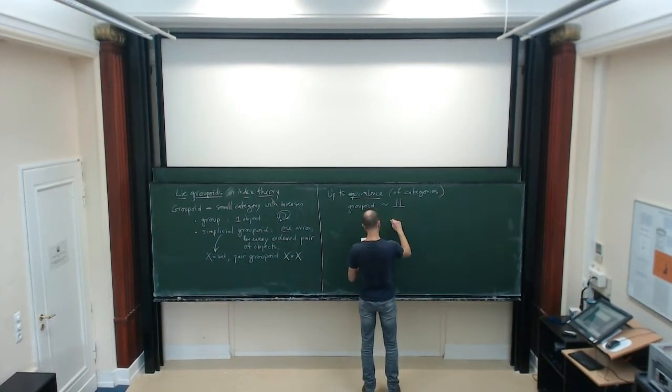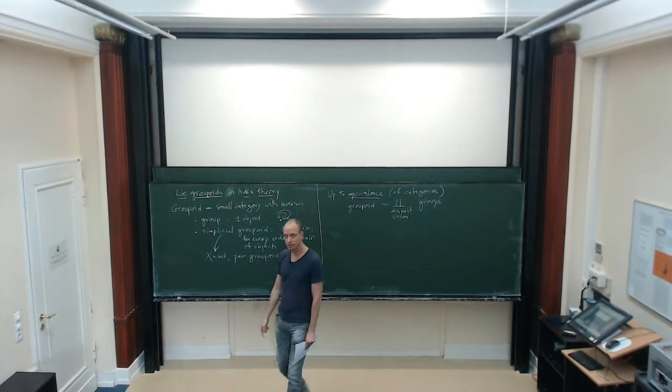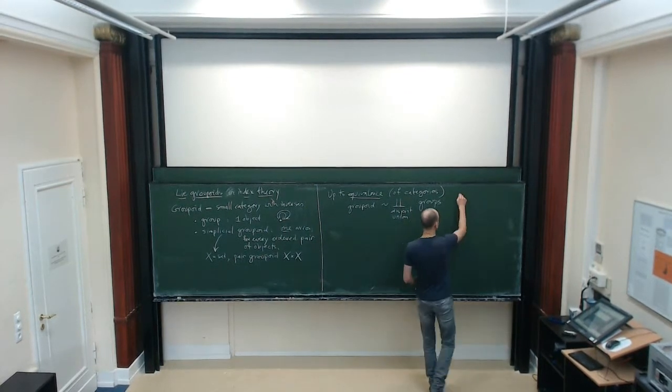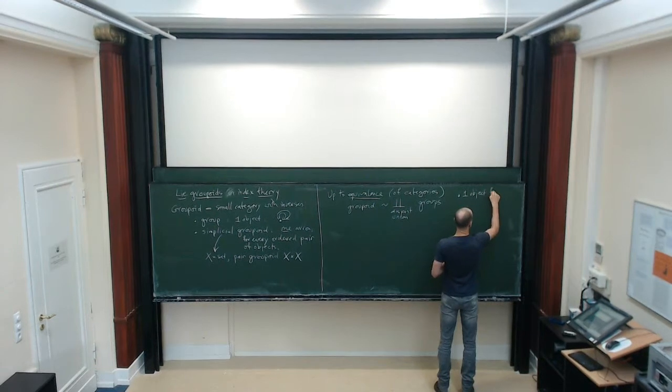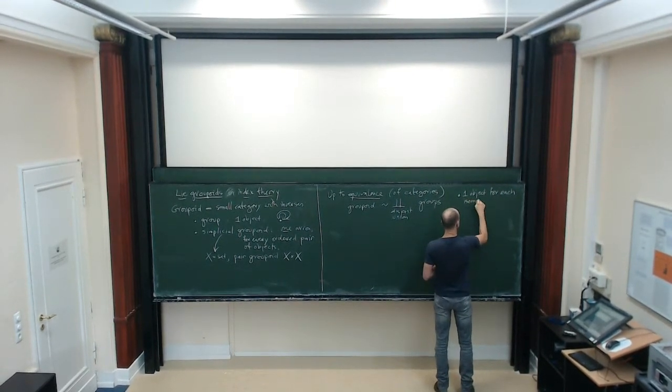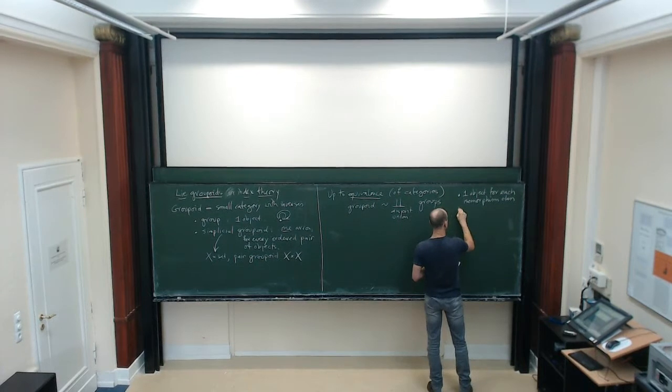Every groupoid is a disjoint union of groups, right? Where this means one object for each isomorphism class, plus the automorphism groups.